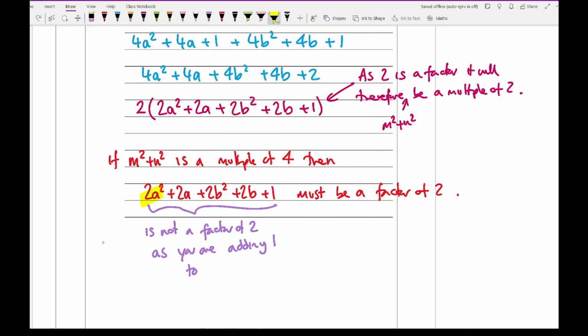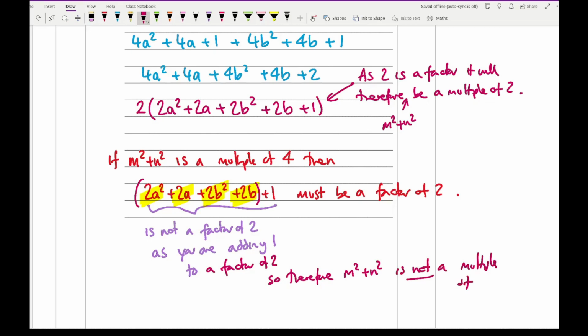Now 2a squared has a factor of 2, 2a has a factor of 2, 2b squared has a factor of 2, and 2b has a factor of 2. So all of this bit here will be a multiple of 2, but when you're adding 1, it's not. So adding 1 to a multiple of 2, therefore m squared plus n squared is not a multiple of 4. So something along those lines would be absolutely fine.